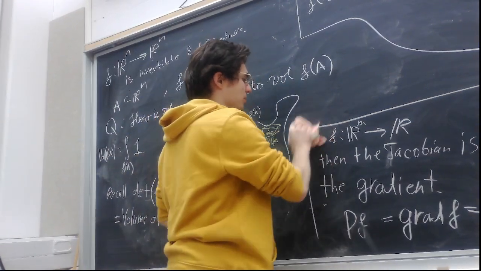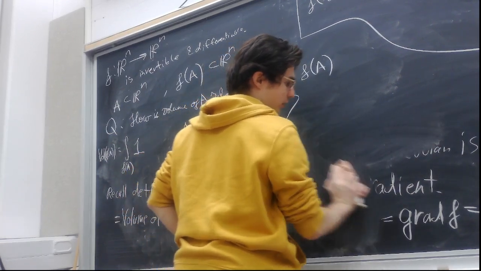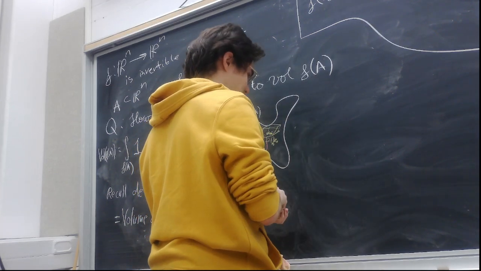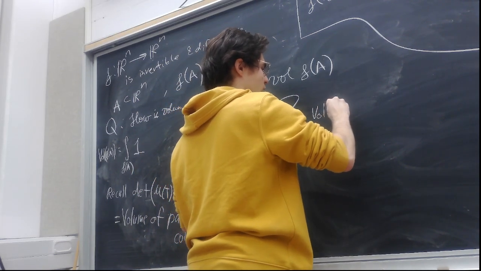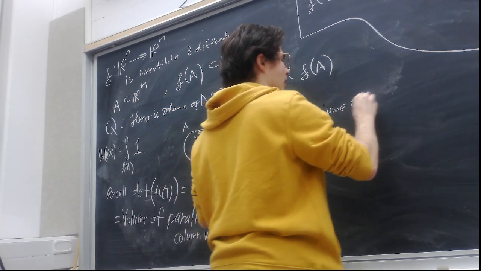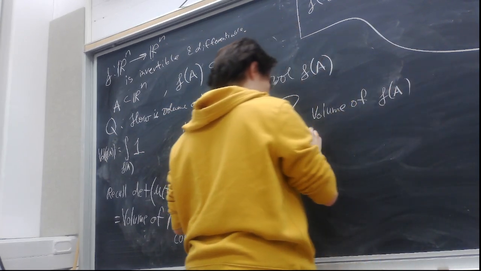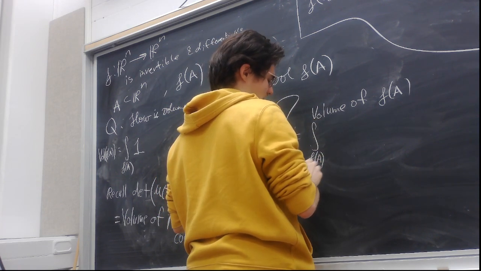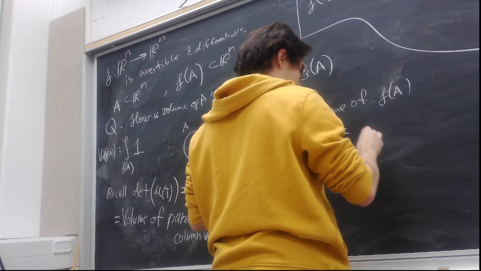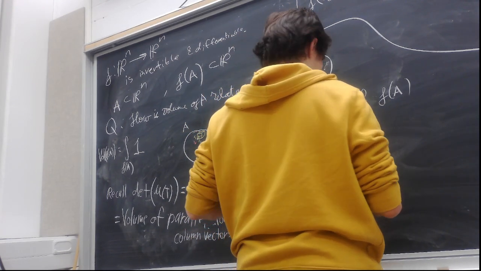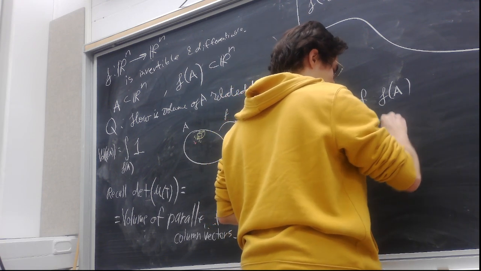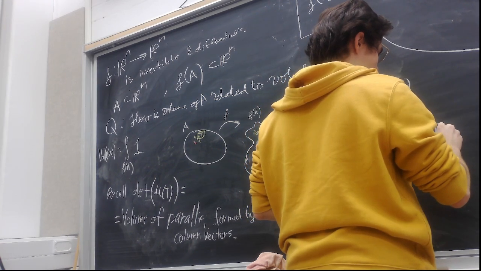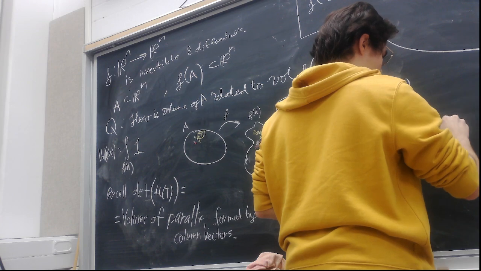So the big takeaway of all of this is that the volume of f(A), which we said is some integral, whatever this means, has to be equal to the integral over A, where I'm taking the integral of the absolute value of the determinant of the Jacobian of f evaluated at x.